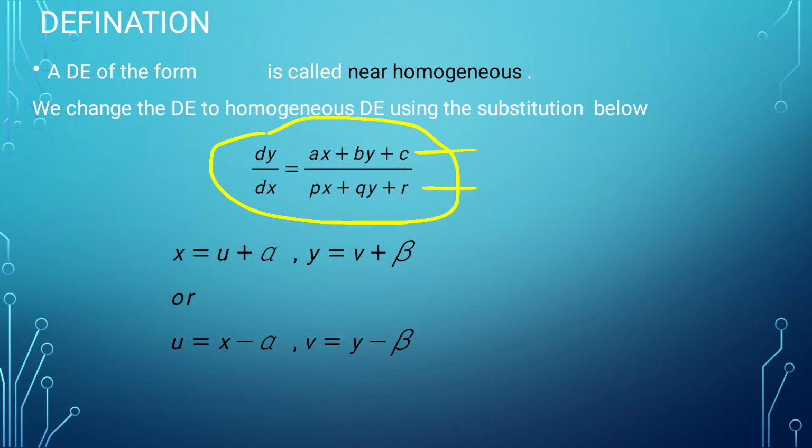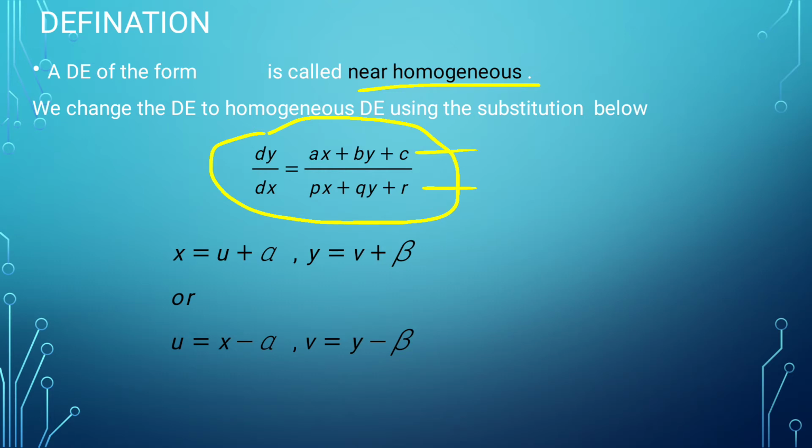We call this kind of DE a near homogeneous differential equation. So if you come across a differential equation in this form, a linear equation divided by another linear equation, then you will classify it as a near homogeneous differential equation.